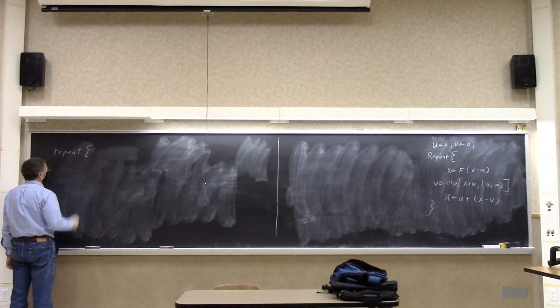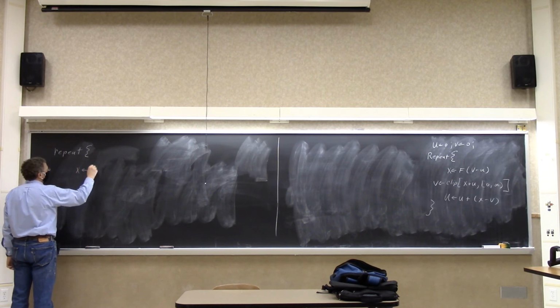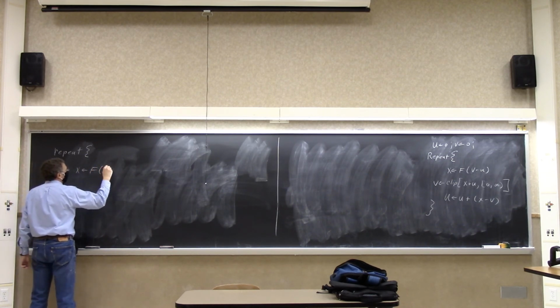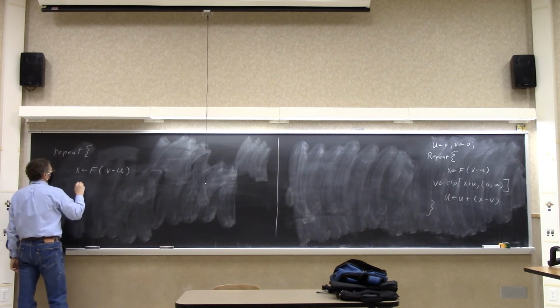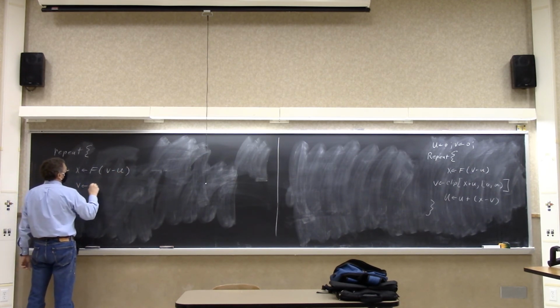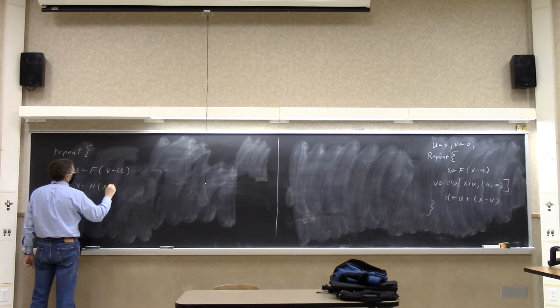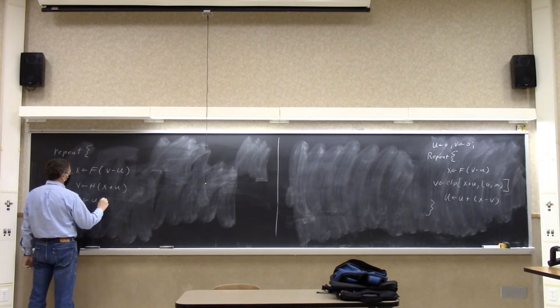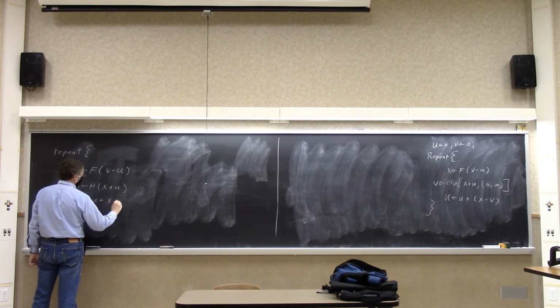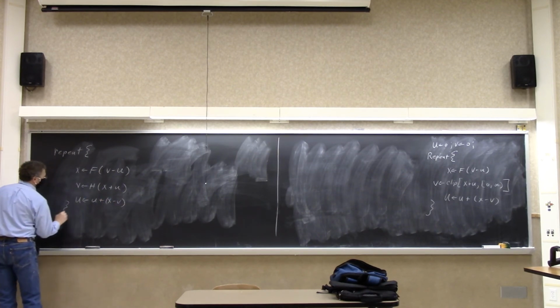I'm going to go through this again. x goes to f of v minus u, and then v goes to h of x plus u, right? And then u goes to u plus x minus v. That's the algorithm, correct?